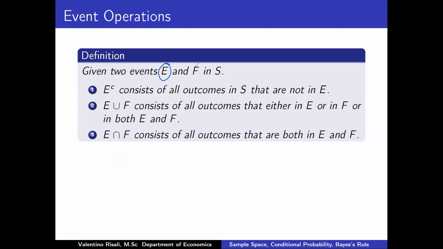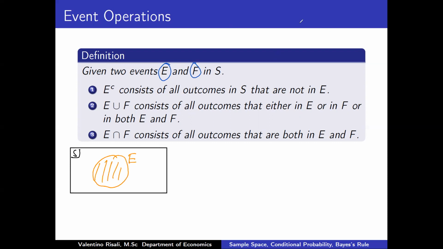Suppose that we have E and F, two events in S. For the first operation, we can find the complement of E, denoted by E^c, which consists of all outcomes in S that are not in E. As an illustration, if the sample space is this rectangle and the event E is the circle, then the complement of E is all outcomes in S that are not in E. That is this brown area.